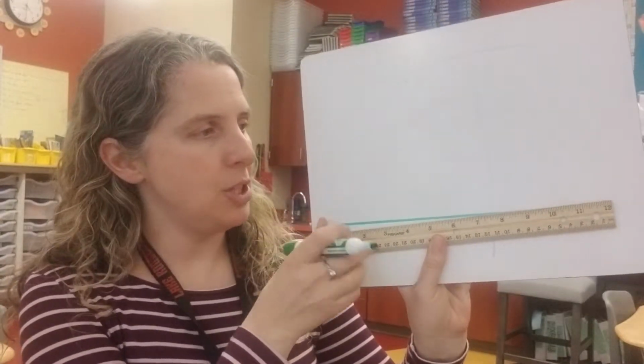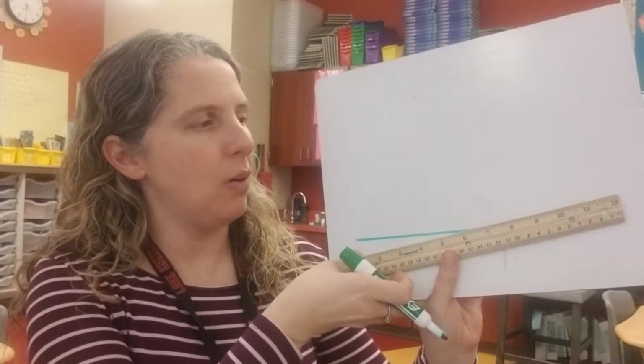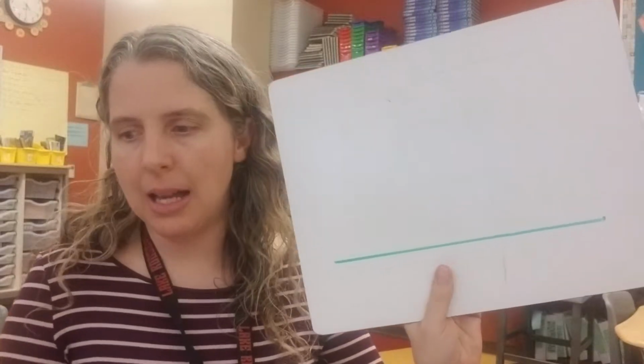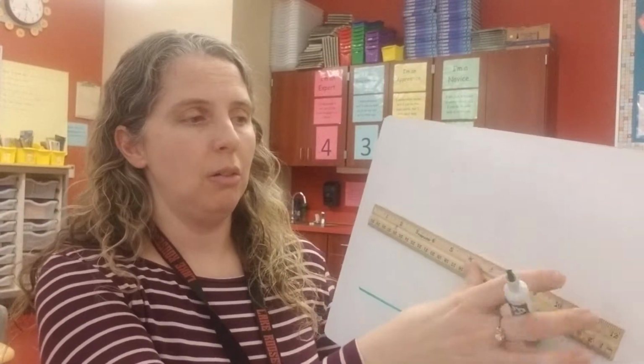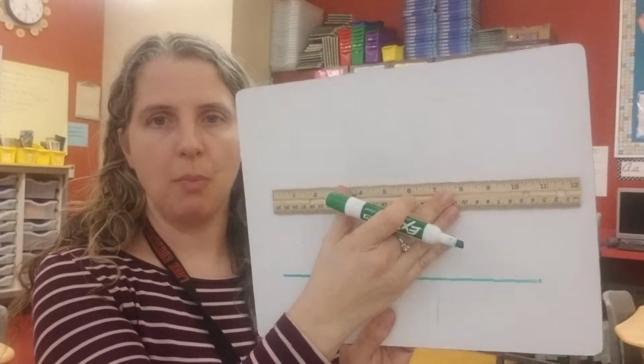Then what we're going to do is make another line. Now, it's easy to just say, oh, I'll just draw another line up there. But in order for it to truly be parallel, it needs to have a right angle.